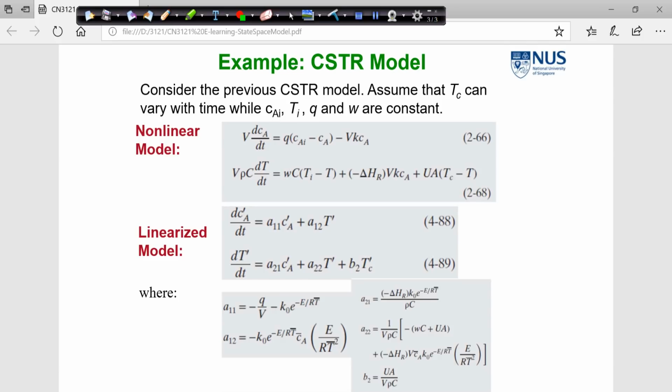After we linearize it, we're able to get a nice shape. So this is the same model as we used before to describe the CSTR. Here Tc can vary with time, but the inlet concentration CAi, Ti, and Q and W are all constants.